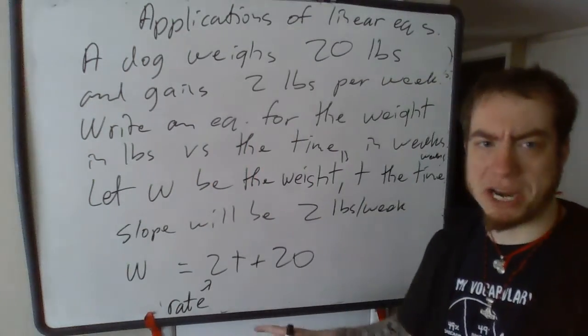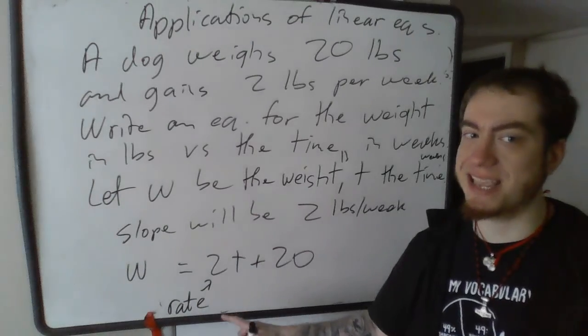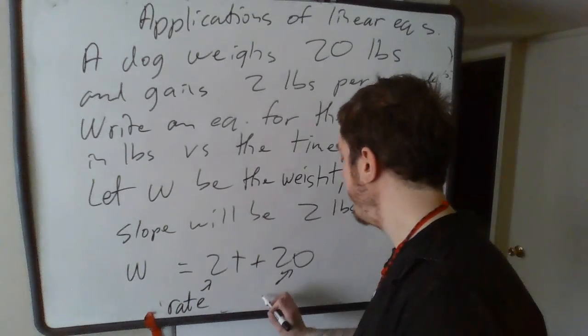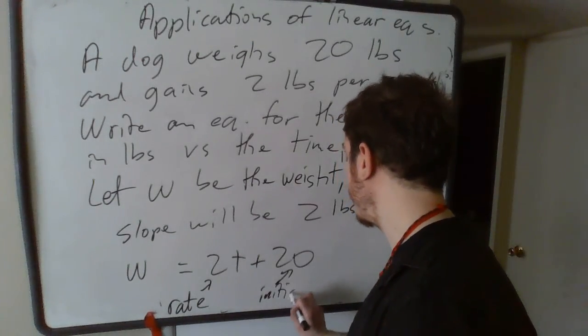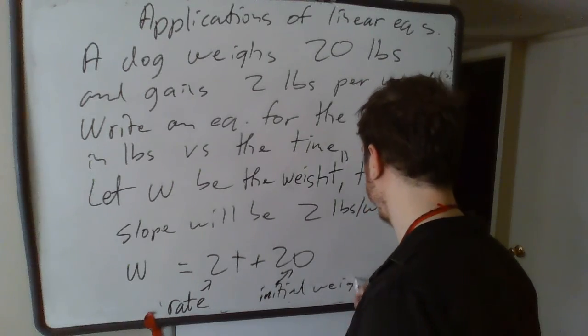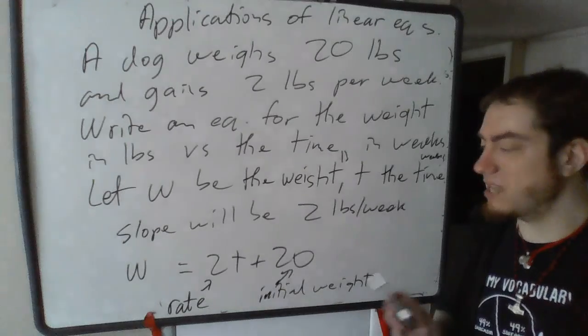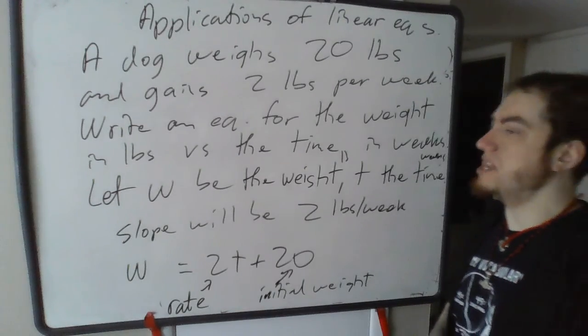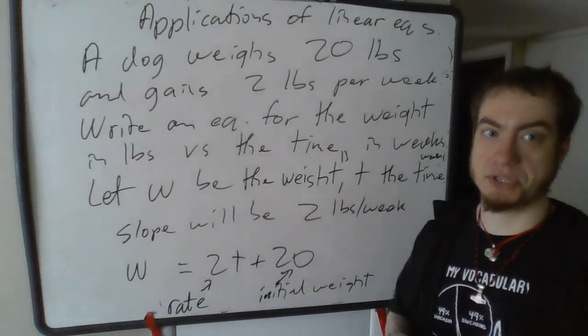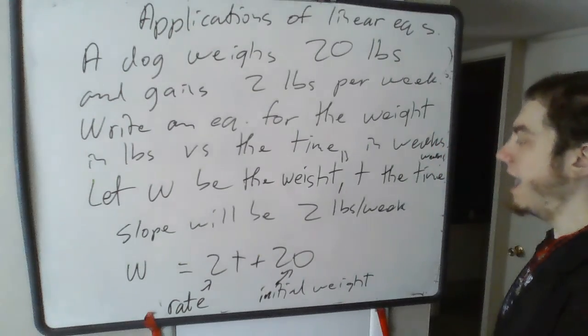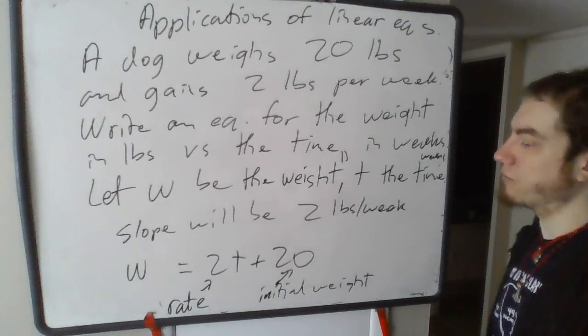I don't have room to write rate of weight gain, so I'm just going to say that out loud. And then this is going to be the initial weight of the dog. So this is one thing that you can do with these kinds of equations. You can describe how much the dog is going to weigh over time.